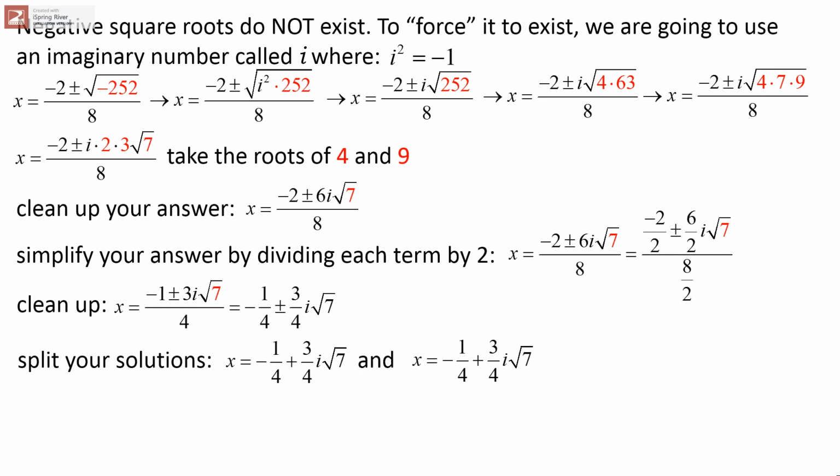My first solution is going to be x equals negative 1 over 4 plus 3 over 4 i square root of 7. And x can also be equal to negative 1/4 minus 3/4 times i square root of 7. This is your solution to this equation.